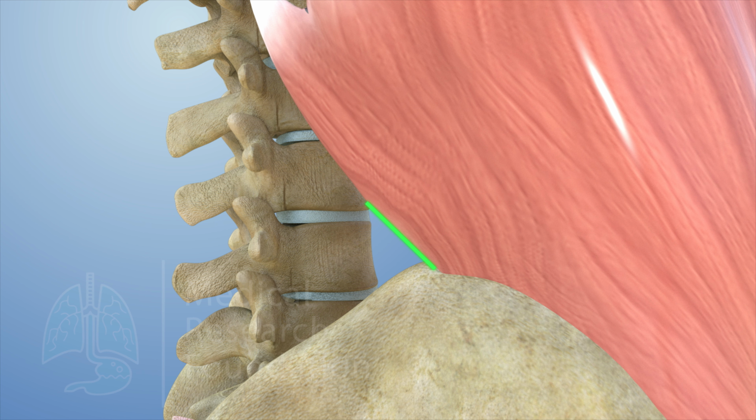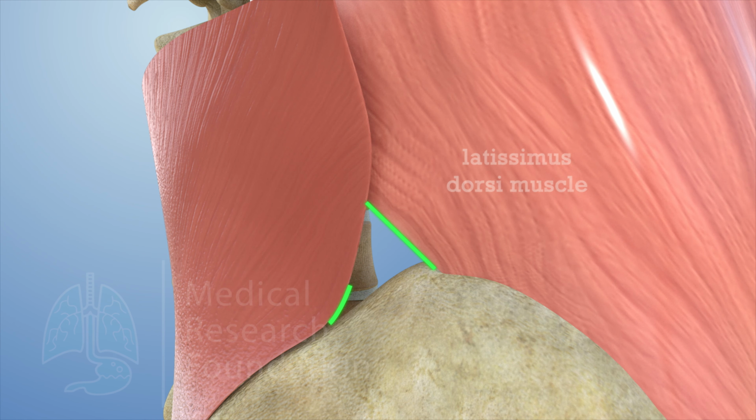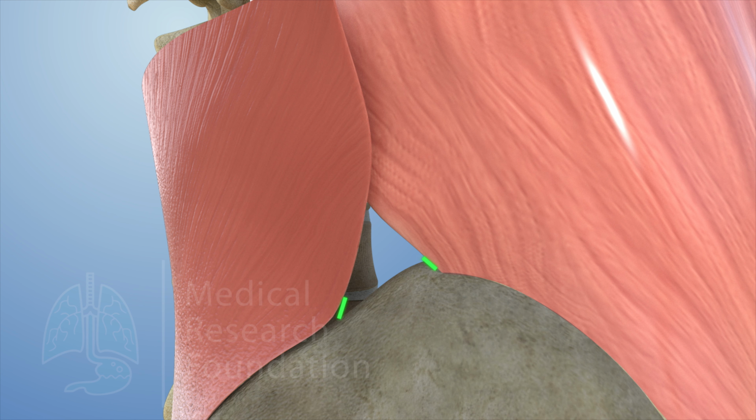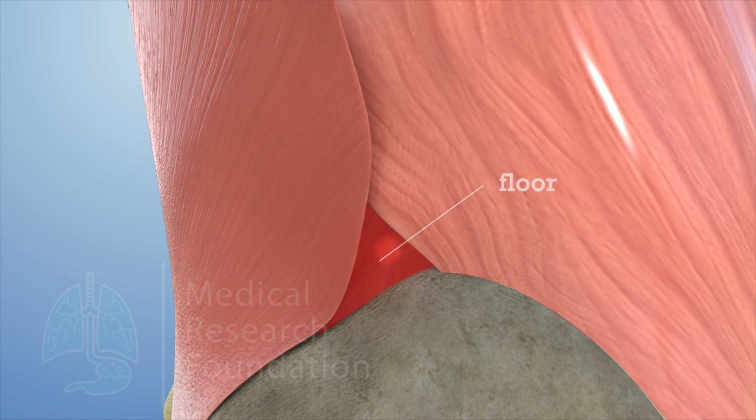Behind, it is bounded by the lateral border of latissimus dorsi muscle. Base is formed by the iliac crest. Apex is above and formed by the meeting point of external oblique and latissimus dorsi muscles. Floor is formed by internal oblique.